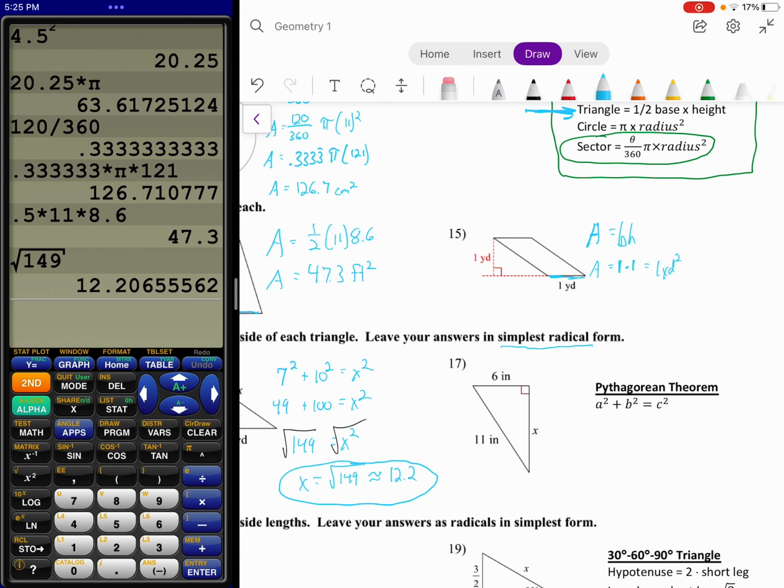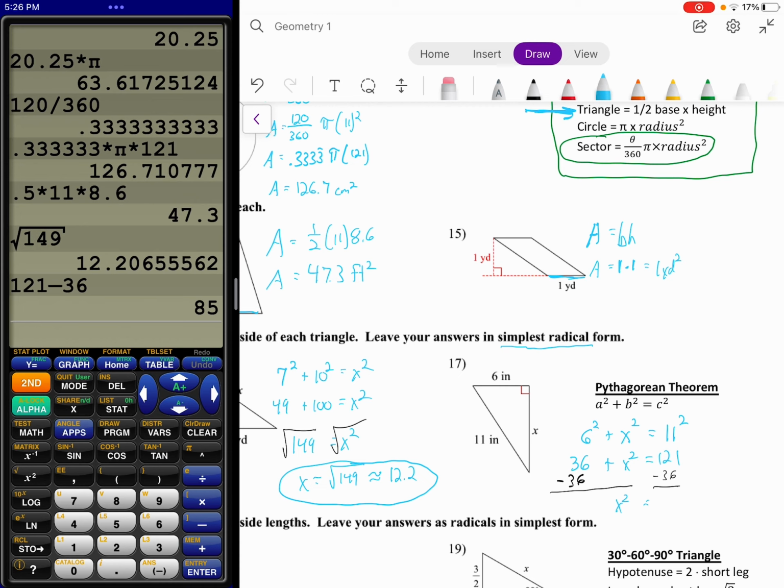Over to this one, Pythagorean theorem obviously can be used for 16 and 17. Here, one of our legs is 6, so 6 squared, plus the other leg is x, so plus x squared is equal to 11 squared. We multiply those things out. We're going to go ahead and subtract 36 from both sides. 121 minus 36 is 85.